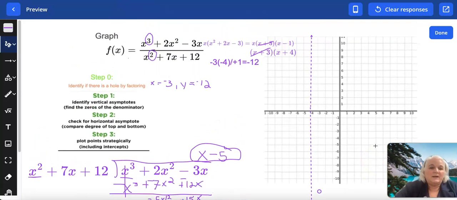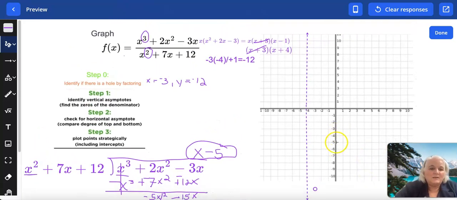And if I go to graph that, I know that negative 5 is my y-intercept, and my slope is a positive 1. So if I rise 1, run 1, I'm going to keep going up. And if I go left 1, then I go down 1, left 1, down 1.